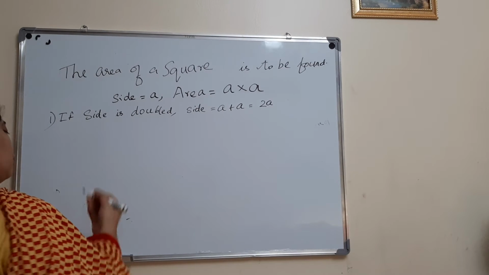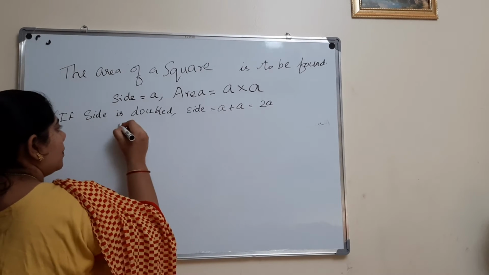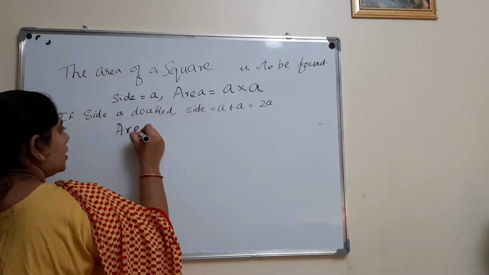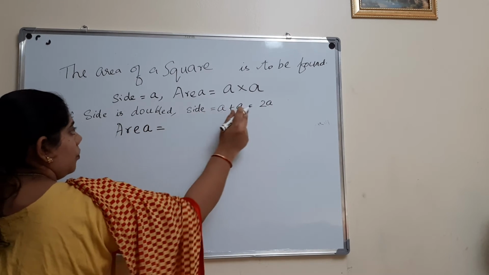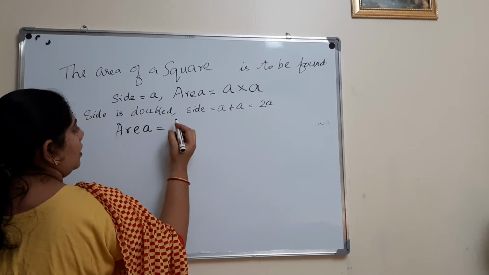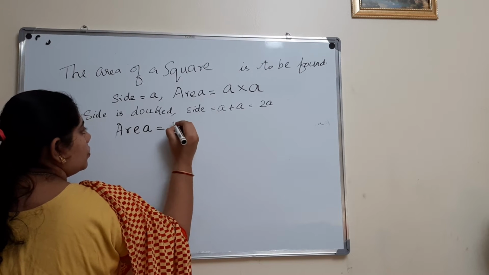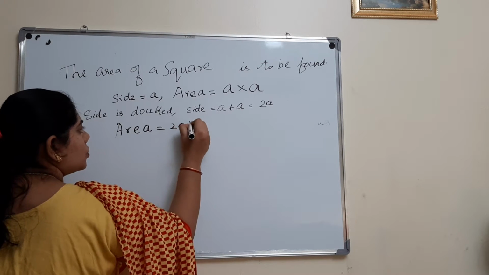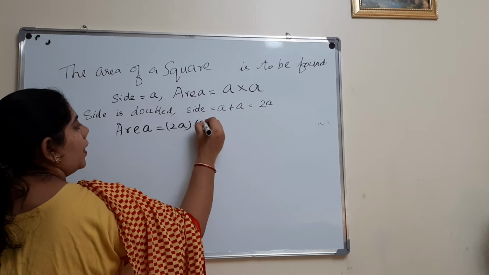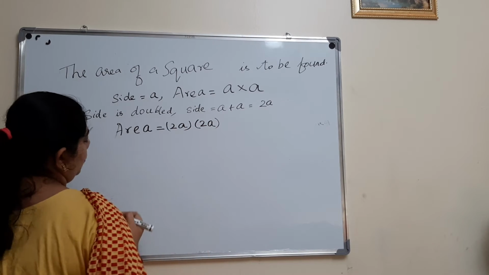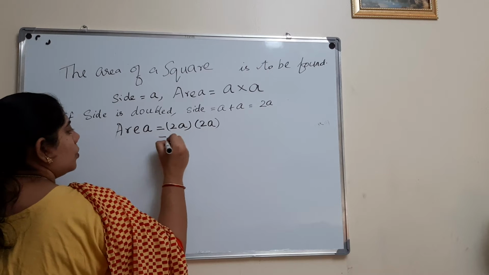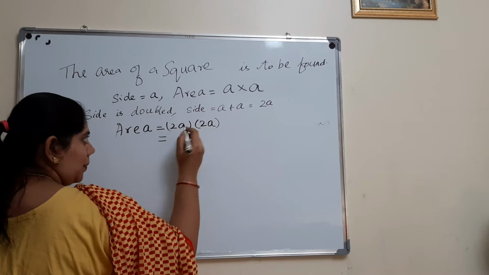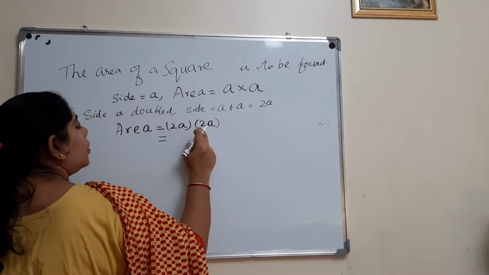If the side is doubled, what will happen to the area? With the side A, what will be the area? Here the side is 2A, right? So 2A into 2A. So here also this is multiplication, 2 into A into 2 into A.